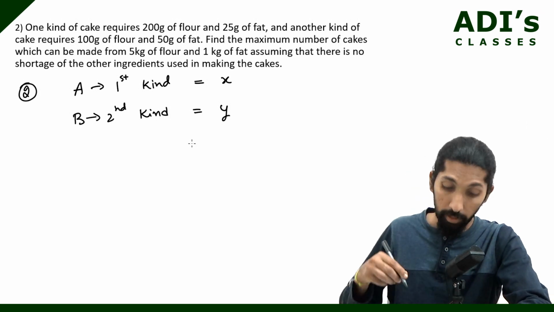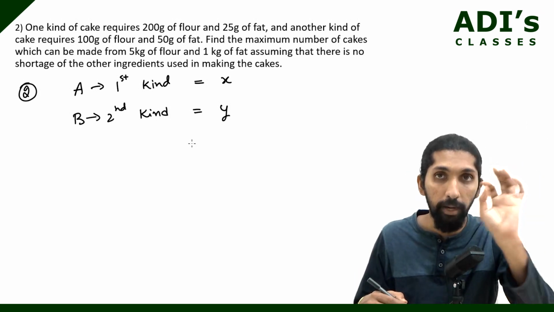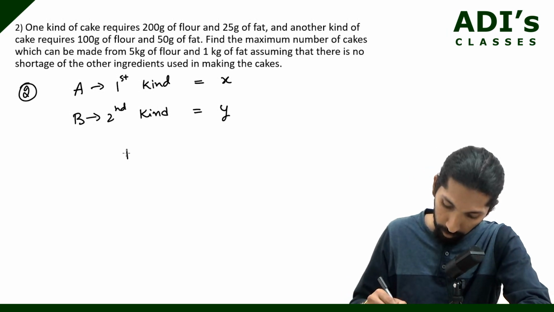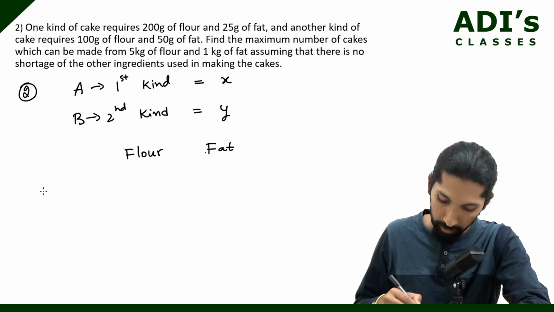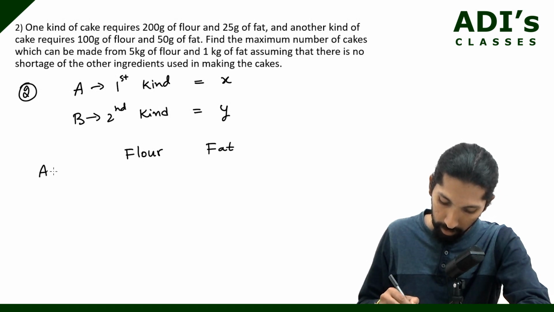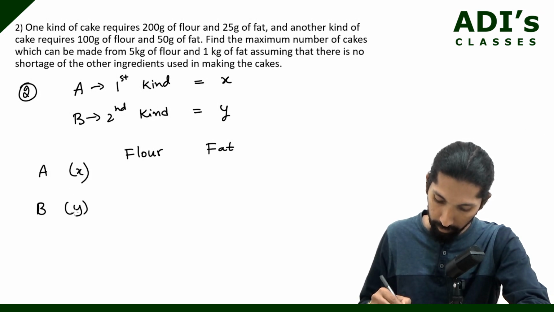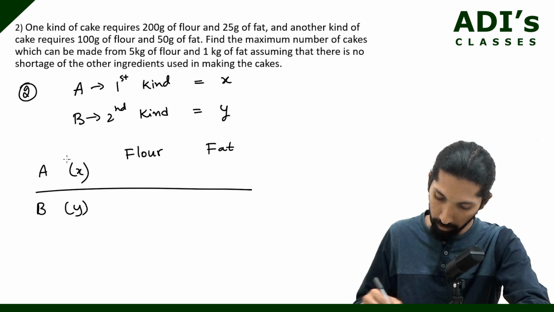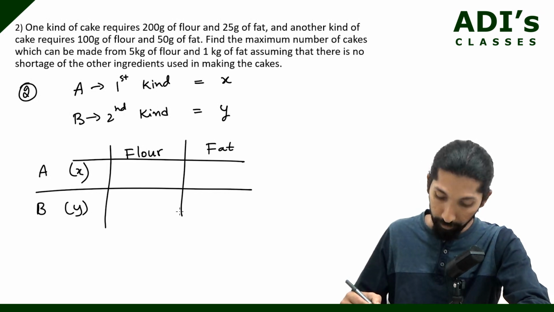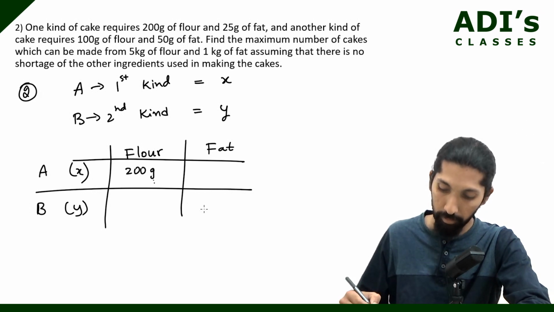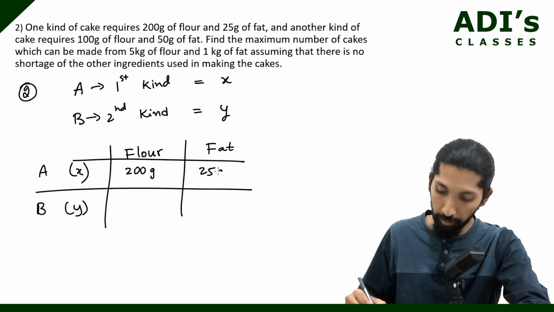Now, what are the things we need? We need flour and fat. The first one is the flour, and this is the fat. Now we have A and B, which is basically X and Y. For A, we need 200 gram of flour and 25 gram of fat.